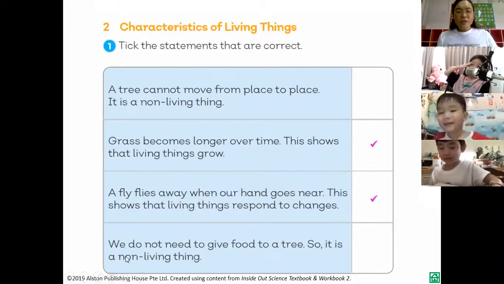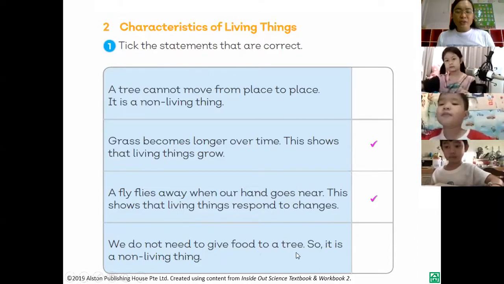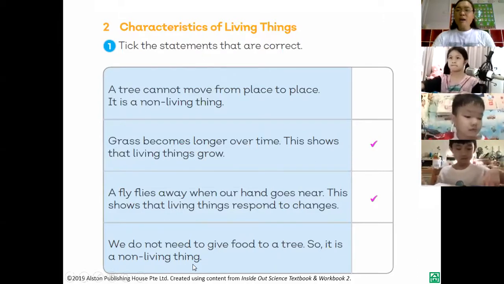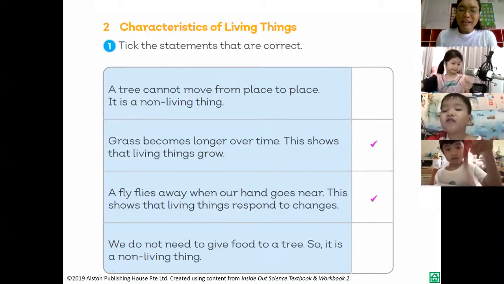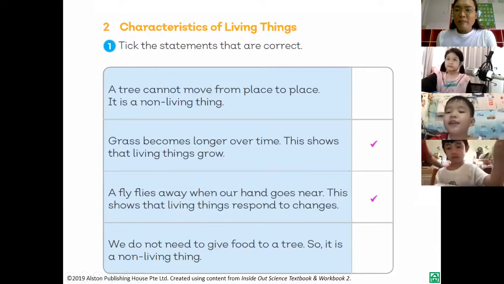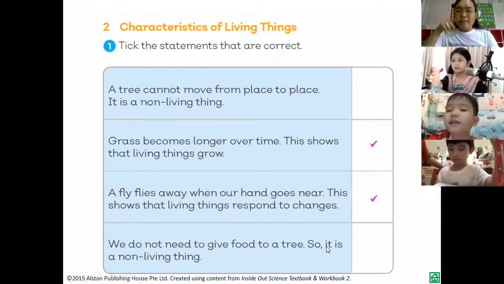Next, we do not need to give food to a tree. So it is a non-living thing. What do you think? X or a check?